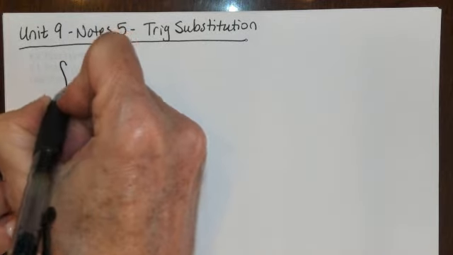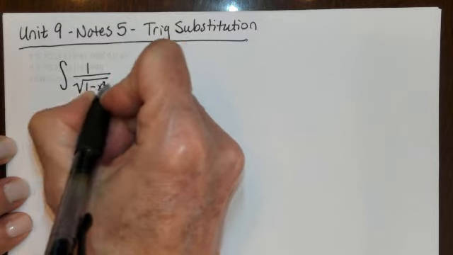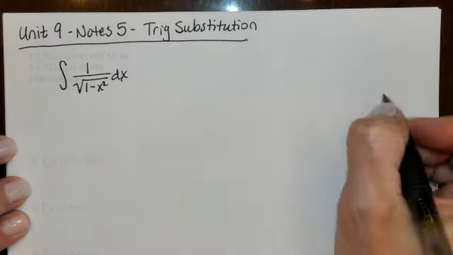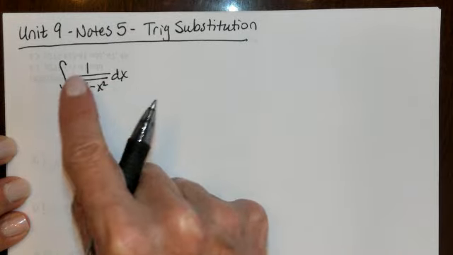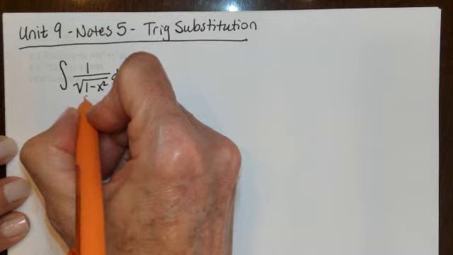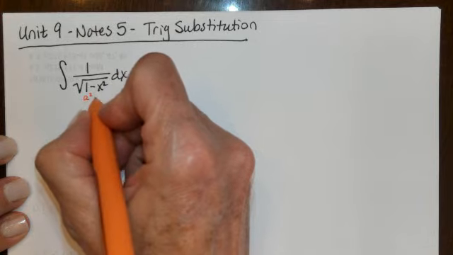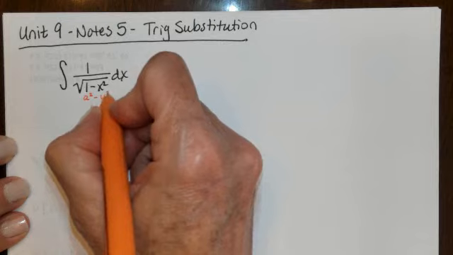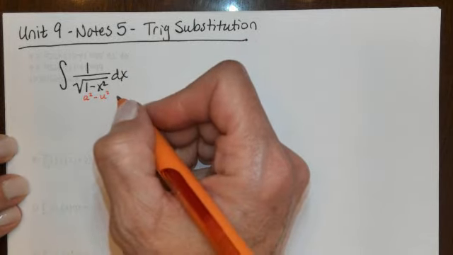Let's start by taking a look at something that we know. We already know that the integral of 1 over the square root of 1 minus x squared, if we were given this integral, we recognize that this is in the form of arc sine. This is in the form of arc sine because inside the square root, which is in the denominator, we have an a squared minus u squared, where u is some sort of x expression, right?